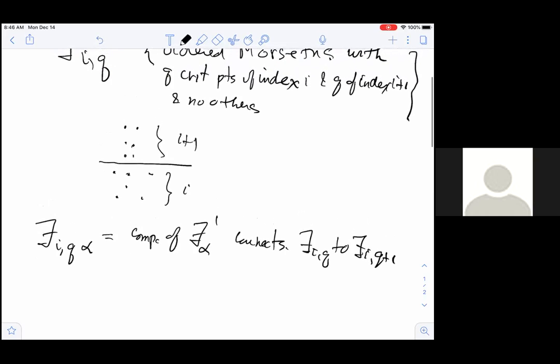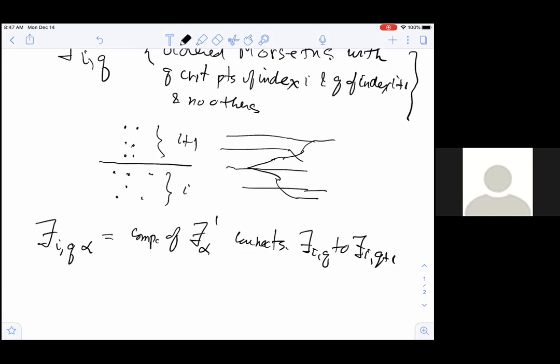So on one side you'll have Q critical points of index I plus 1 and Q of index I, and then you'll have a path that at some point produces a birth sandwiched in between the critical points of index I plus 1 and those of index I, so that you're adding one more critical point of index I plus 1 and one more of index I. It will be the bottom critical point of index I plus 1, at least for a while, and the top critical point of index I. Though as the path goes along, it may cross with some of these others, and likewise down here.